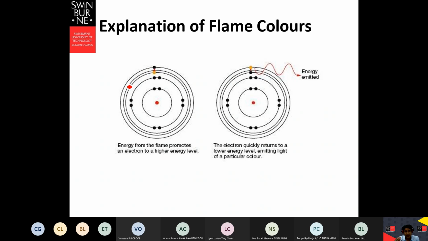And then since they are the same, they are all absorbing the heat from the flame, right? And what happens when we drink coffee or tea, or some energy drinks? We become more energetic, right?